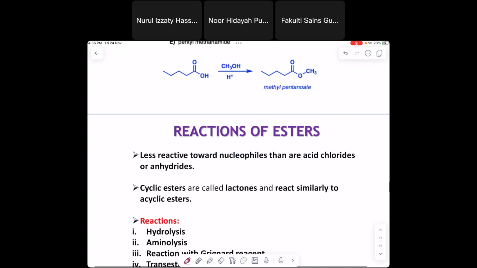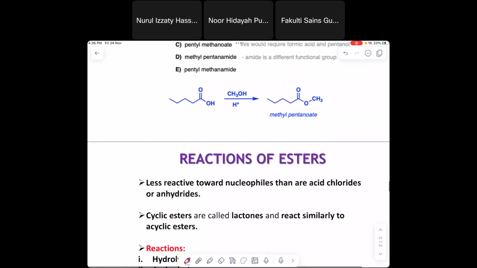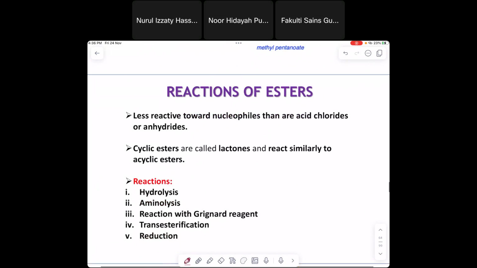Alright, so this reaction of ester, tadi dah habis sama macam esterification. Fischer esterification must come from carboxylic acid and alcohol in the presence of catalyst, iaitu sulfuric acid. Reaction of ester ni dia boleh buat banyak reaction juga: hydrolysis, aminolysis and trans-esterification.